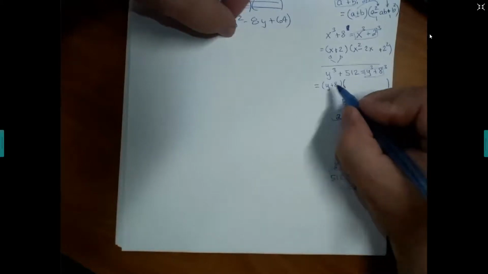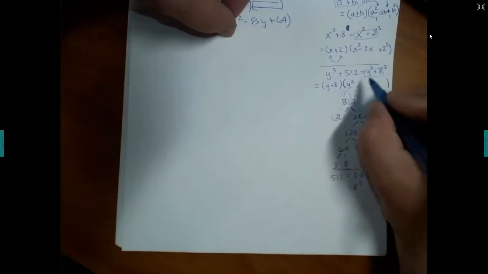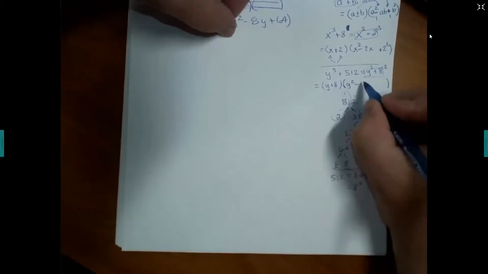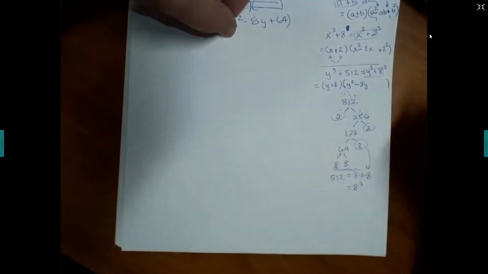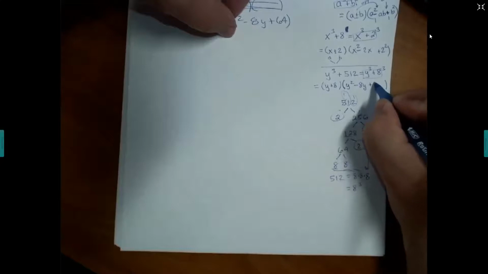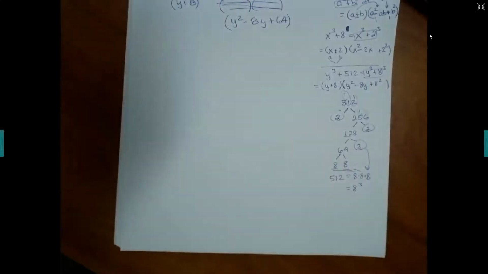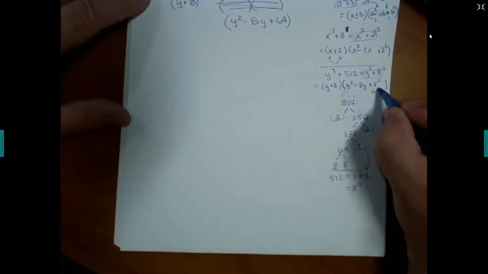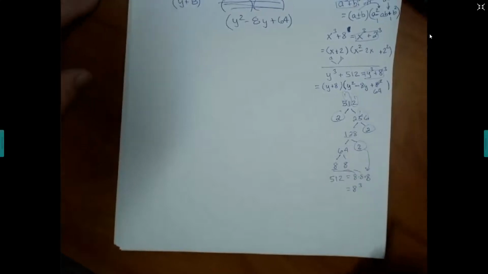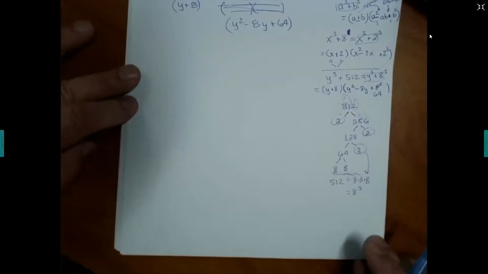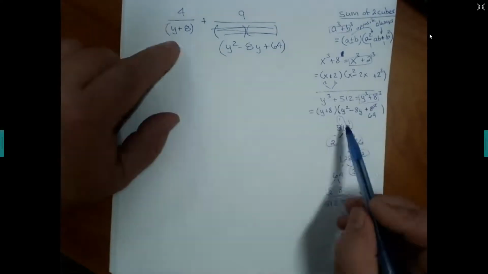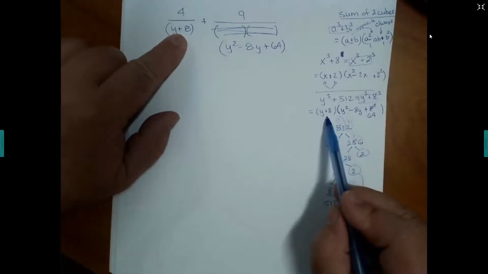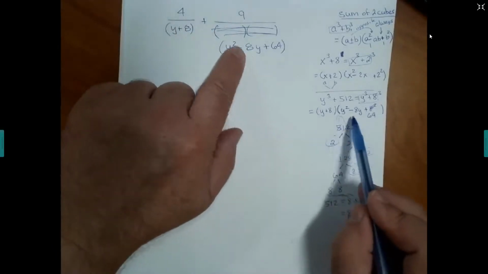In the second parenthesis, y squared minus 8 times y plus 8 squared. But 8 squared is what? 64. Which, if you look at it, is our denominators. Y plus 8, y minus 8, y squared minus 8y plus 64.